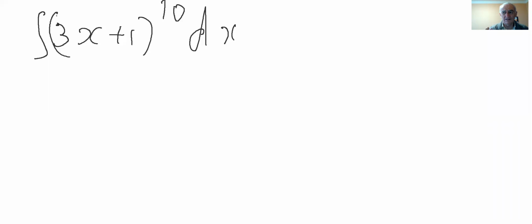But unfortunately for integrals, we have no such formulas. That's why we need to use different techniques to evaluate integrals. And by the way, it's not always possible to find an integral.